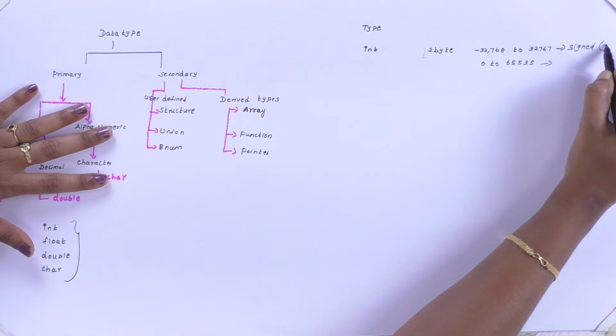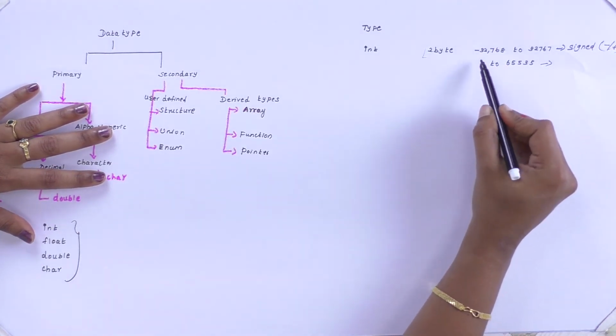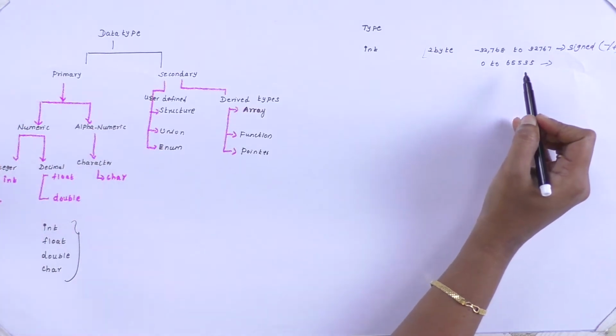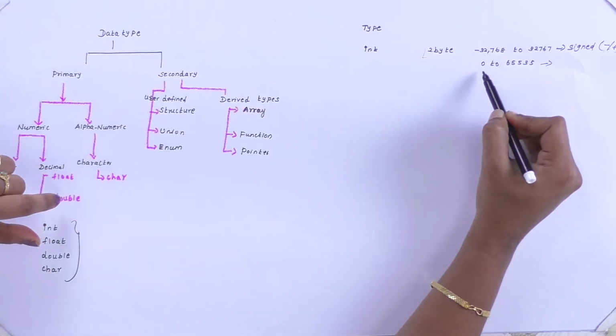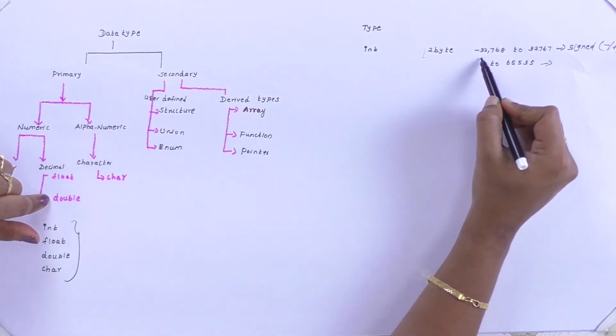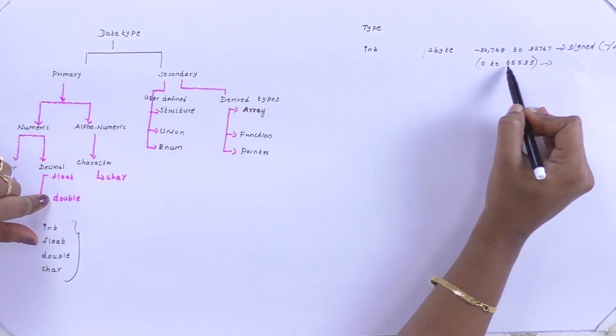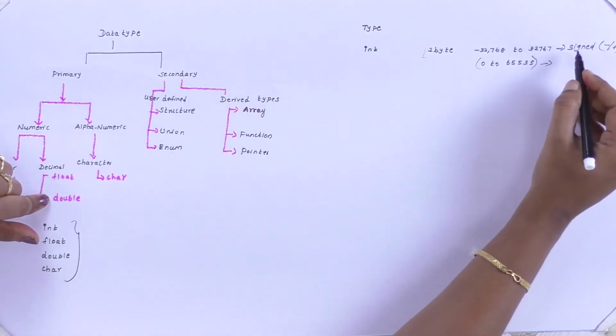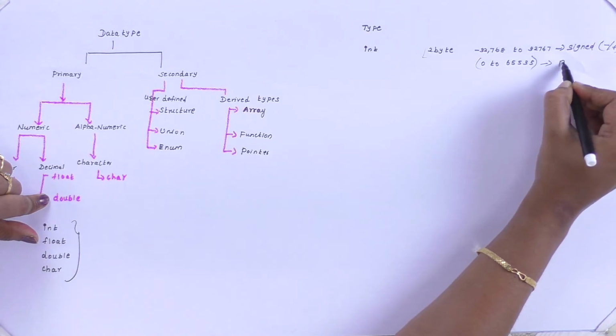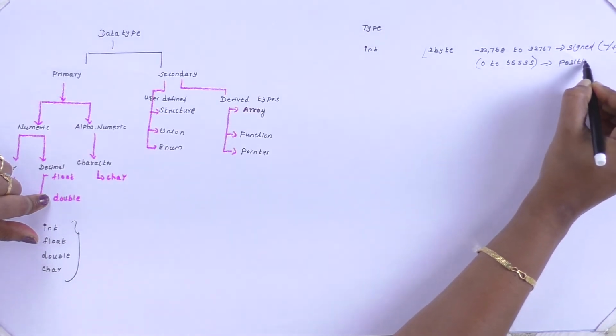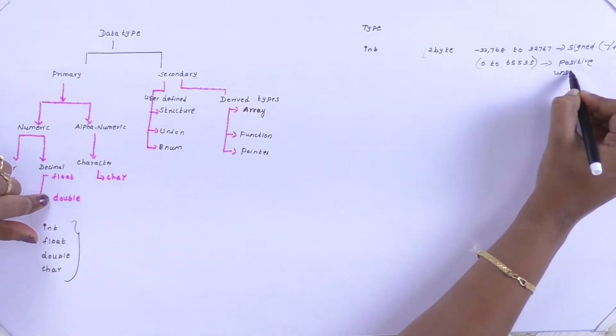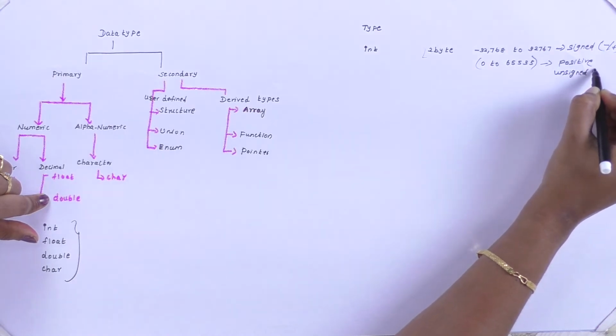Signed int covers both negative and positive values. When you are using only positive values, the range is from 0 to 65,000. It covers only positive values, so it is called unsigned int.